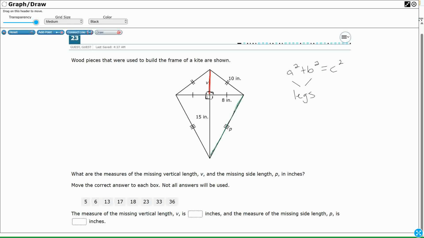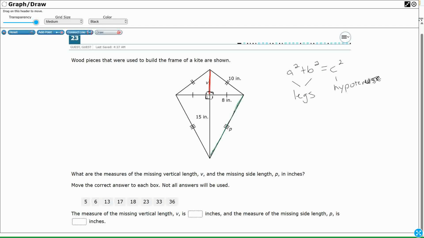The hypotenuse is the diagonal, if you want to think of it like that. That is across from the right angle, and that is going to be our C. Let's see if we can get that spelled correctly. And so our hypotenuse is going to be that C. And so if you square the two legs and you square the hypotenuse, you will get equal amounts.